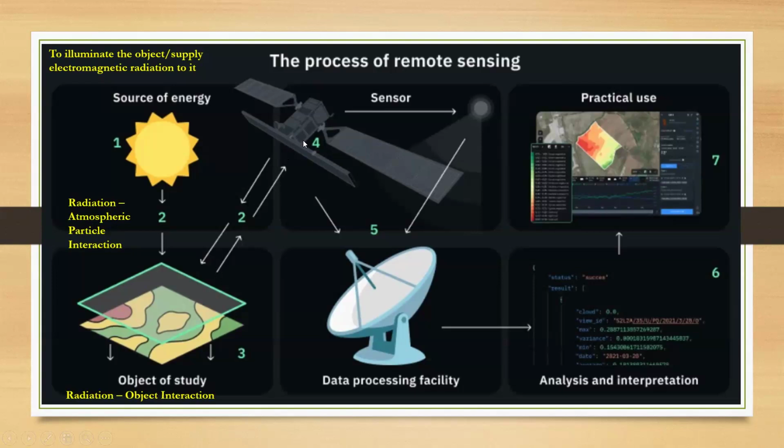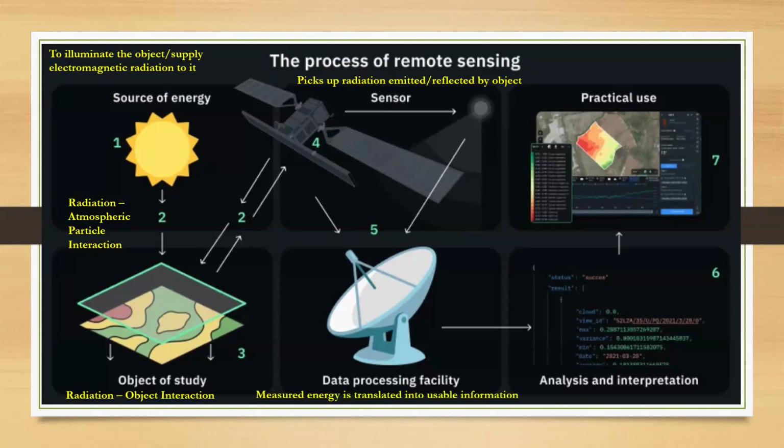There can also be emission or transmission of radiation by the sensor back to the object we're interested in studying. Through that interaction, the sensor picks up radiation that is reflected on it, or radiation emitted by the surface.